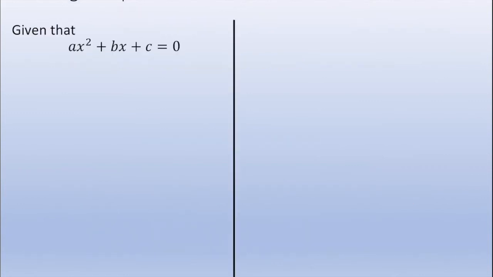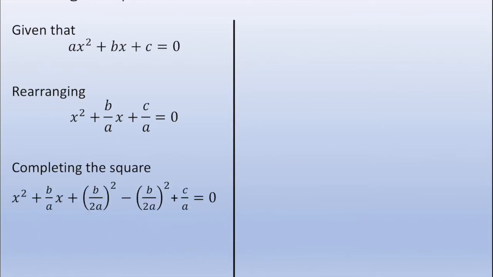Right? Let's see how we actually derive this formula. So we know that ax squared plus bx plus c equals 0. We can rearrange it, thinking about completing the square, dividing everything by a. So if we complete the square, we know that this is the case. We need b over 2a to be divided by 2 and then squared.